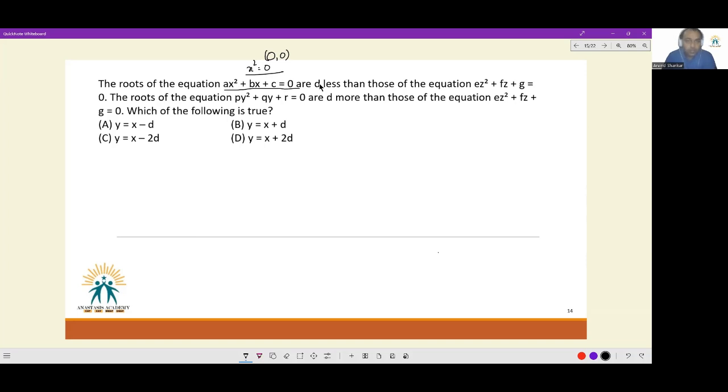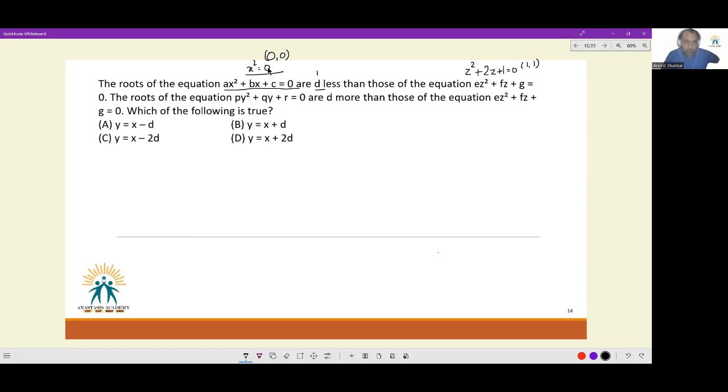It would be x square is equal to 0. Let d be 1, which means the roots here will be 1 and 1. For 1 and 1, the equation that gets created will be z square plus 2z plus 1 is equal to 0.